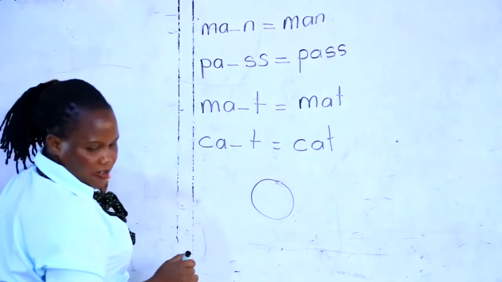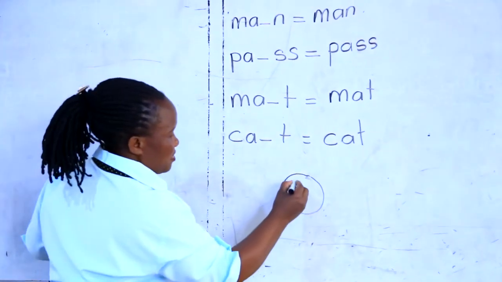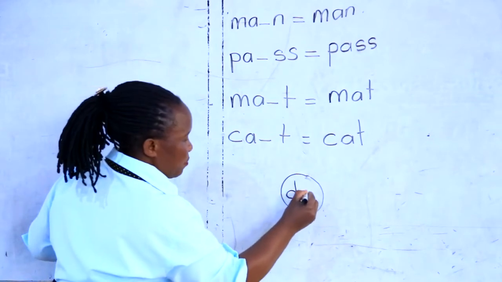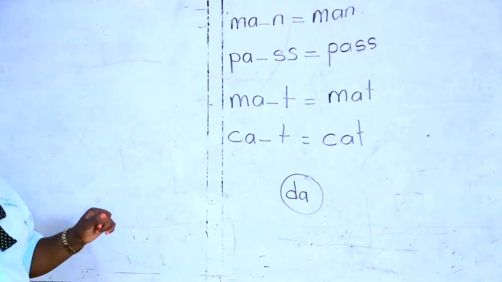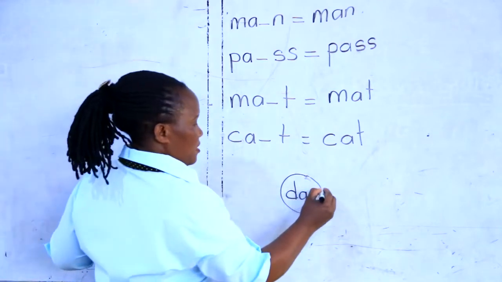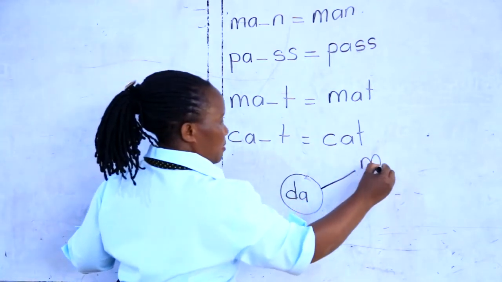For example, this is our circle, and inside our circle we've got this syllable. Who can tell us what this syllable is? Da. Very good. That is da.